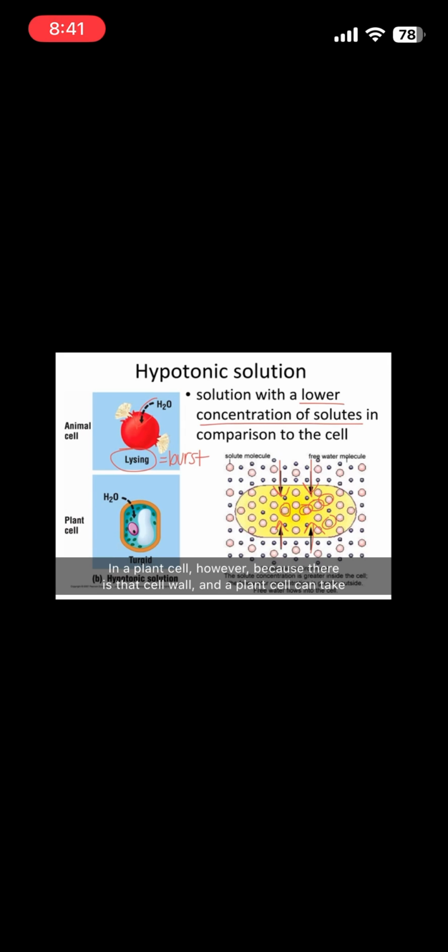In a plant cell, however, because there is that cell wall, a plant cell can take up water, and will take up water to the point that it actually is kind of swollen, so that the plasma membrane, the cell membrane, pushes up against the cell wall, and we refer to plant cells in this situation as turgid.